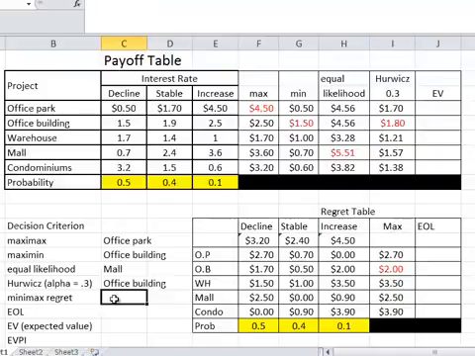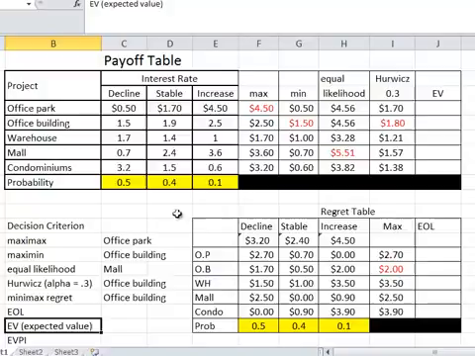So our conclusion is, based on the minimax regret decision rule, the best decision or the best investment project is going to be office building. Next, we're going to talk about question 7 before we talk about question 6.